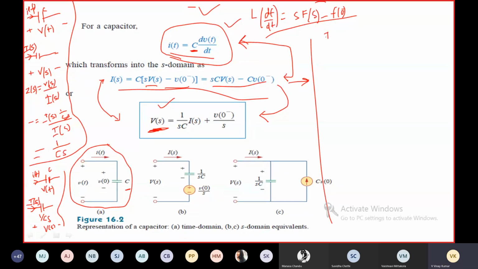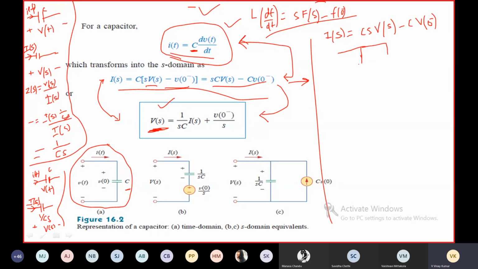Current is I of s equal to S C into V of s minus C V of 0 minus. Current means we are going to have a parallel path, so the current will be dividing.